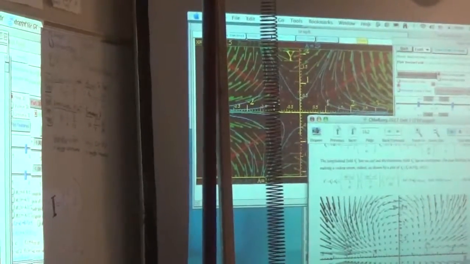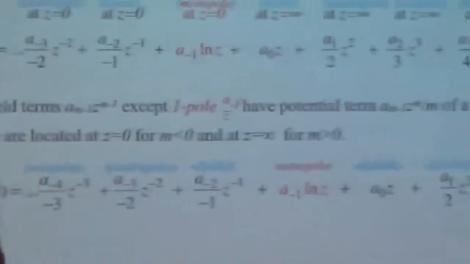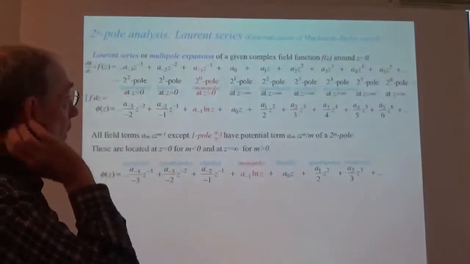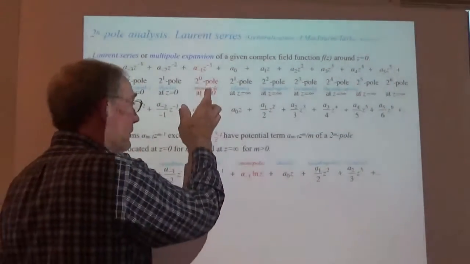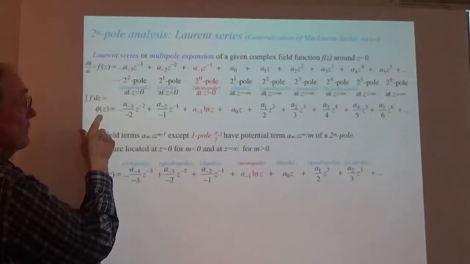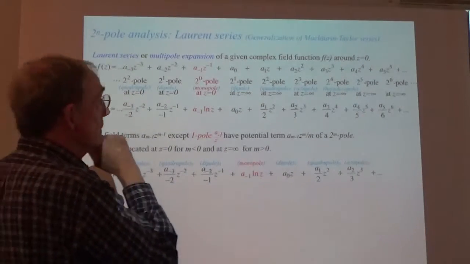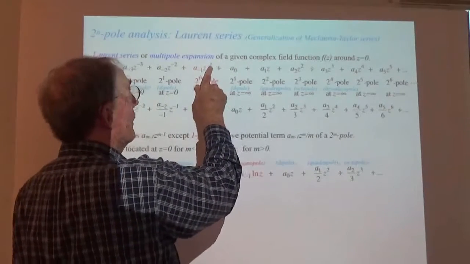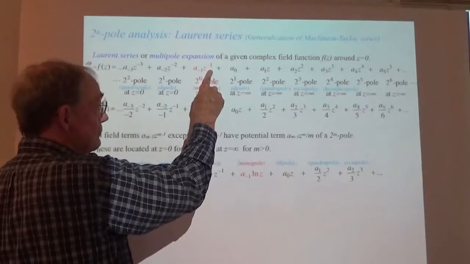So here's where we begin to ask the question of, what happens when you have, first of all, a monopole, and here we're looking at the force field, and right next to it the potential. Okay, that's already a -1 power.